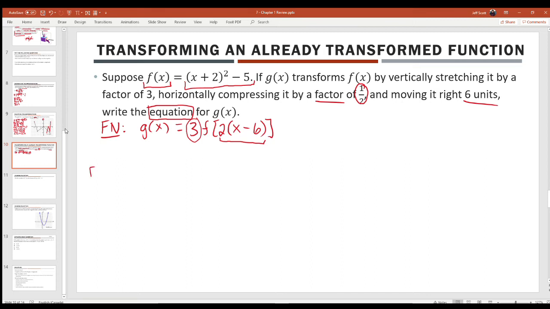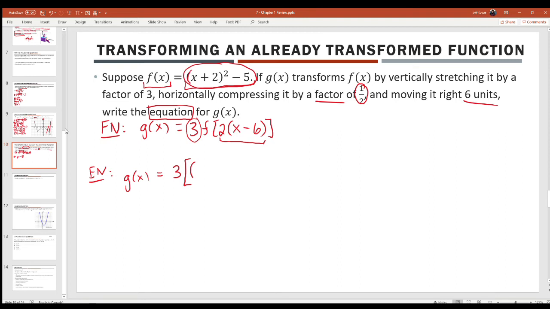So in equation notation, what I'm going to get on this one is g of x equals 3 times the entire old function. So I might as well put big square brackets around this. And remember, anytime we saw in this original old function an x, we're going to change it with a 2 times x minus 6. So notice, I'll start my first bracket up. That would be like this bracket right here. Then we have an x.